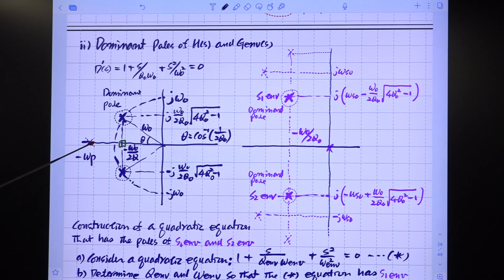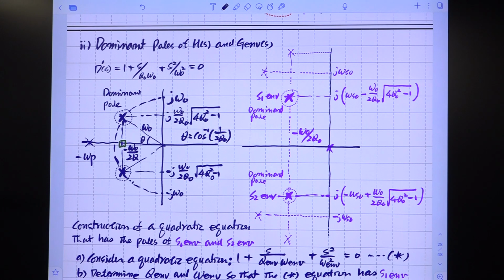We forget about this one, so we don't consider this, and only the denominator of the tank transfer function has a pole here, another one here, as this one. Okay, so you have Q naught, omega naught, and omega naught squared, right? So the length between this pole and this origin is omega naught. You know this.